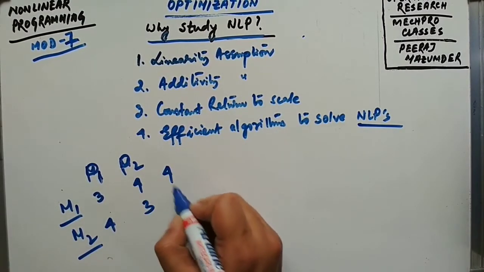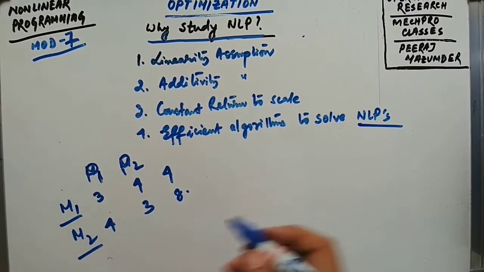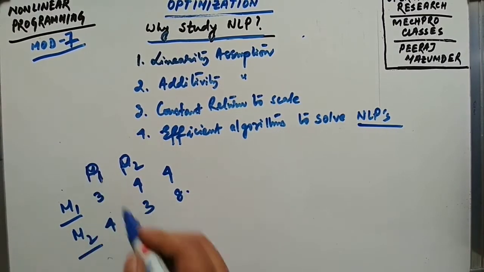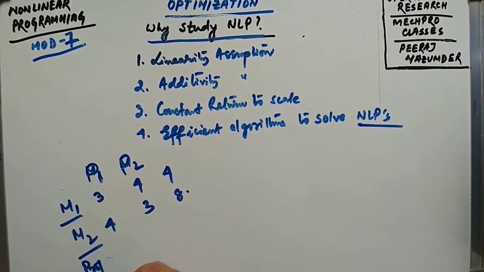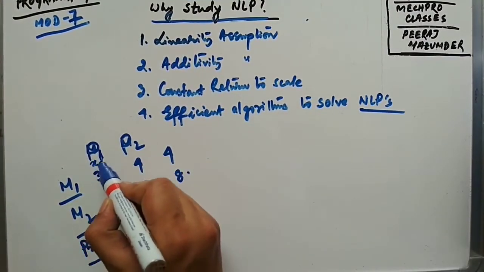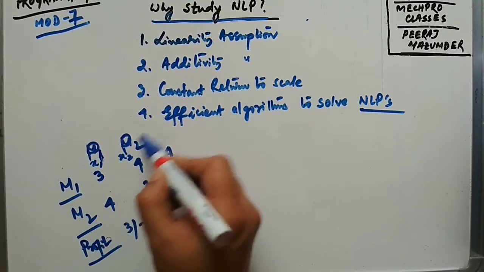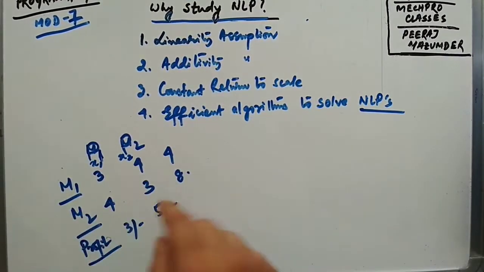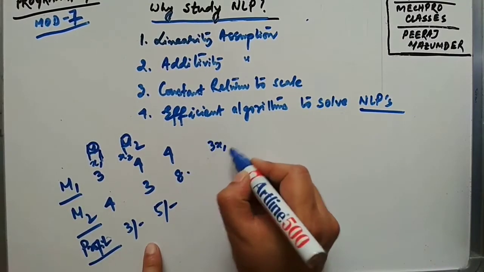There are profits given as 3 and 5 rupees, say. Now during formulation, we take x1 units of P1 and x2 units of P2, and we construct the objective function as 3x1 plus 5x2.